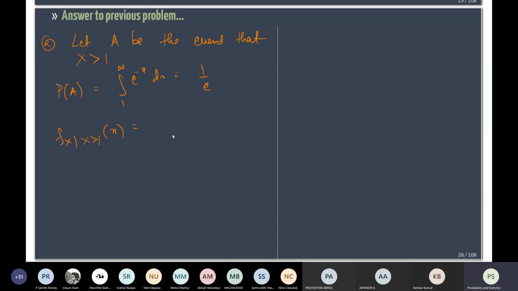So exponentials are independent, right, or not? If I take x and then x greater than 1, are they going to be independent? So how should I do this?